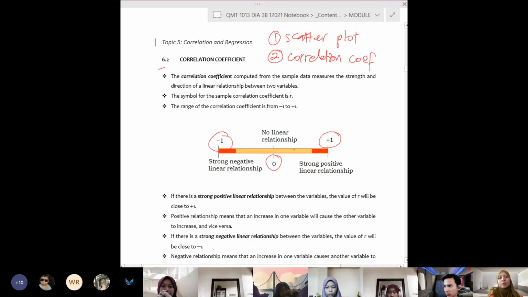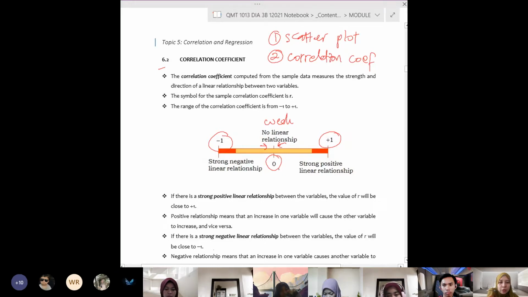The value very near to 0 is considered a weak relationship, a weak correlation. But the one which is very near to +1 or -1 would be a strong negative relationship or strong positive relationship.